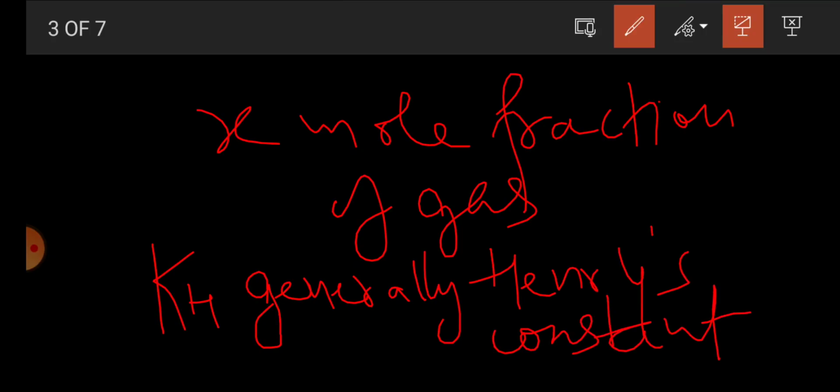And there is another factor, P, which is the partial pressure of the gas.